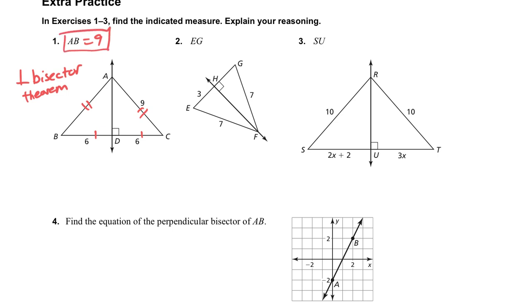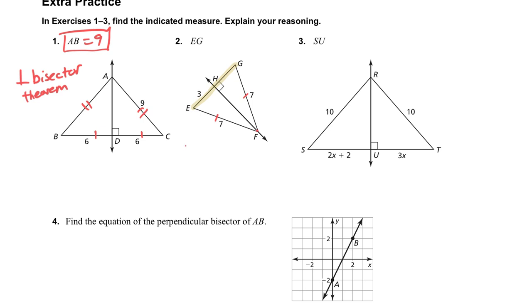Number 2, let's find EG. I'm actually going to highlight that one, EG. We want this whole thing here. So let's look at what's given. I see two sides that are congruent, which means F has to lie on that perpendicular bisector.